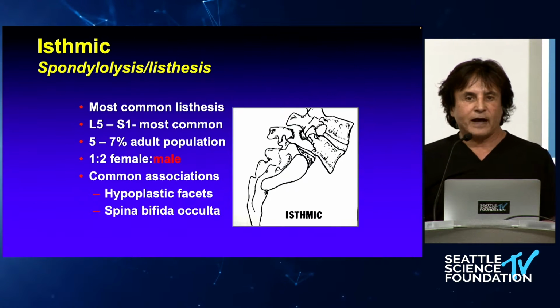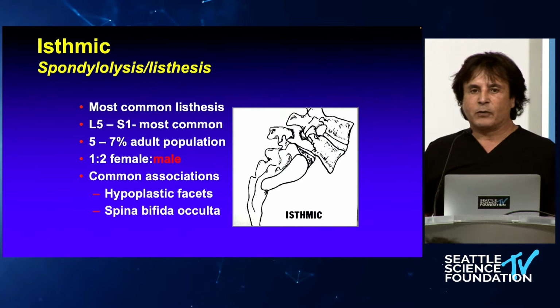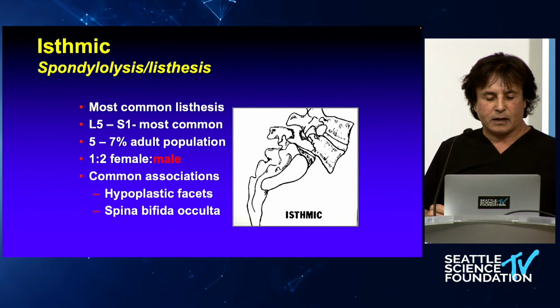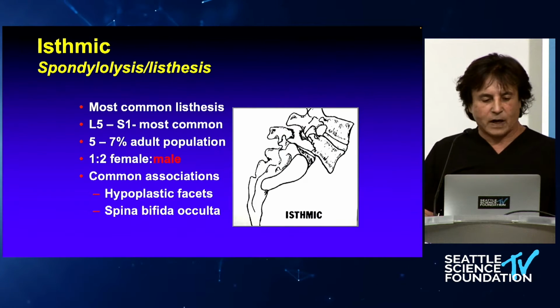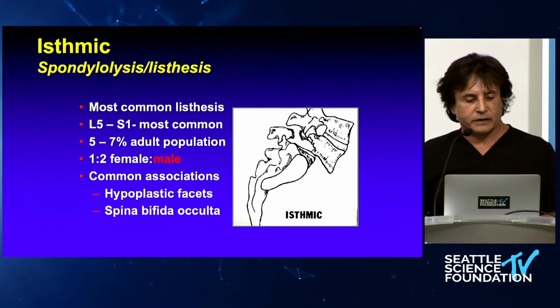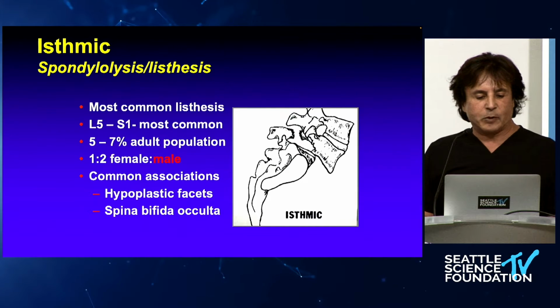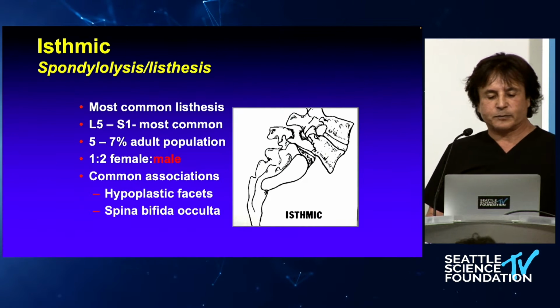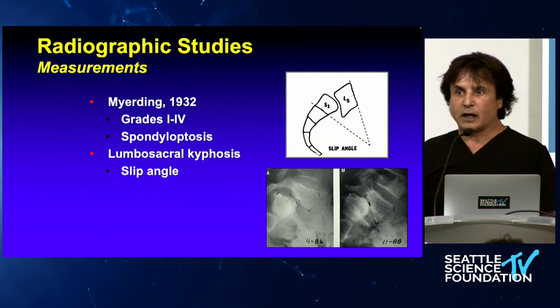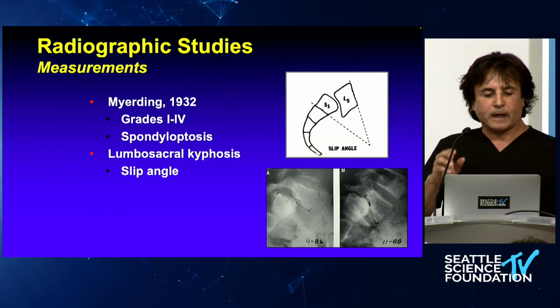It affects about 5 to 7% of the population, generates sometime around the perinatal time frame, and most commonly affects the pars interarticularis. And it's most commonly associated with hypoplastic facets and spina bifida occulta in up to 25% of the patients.